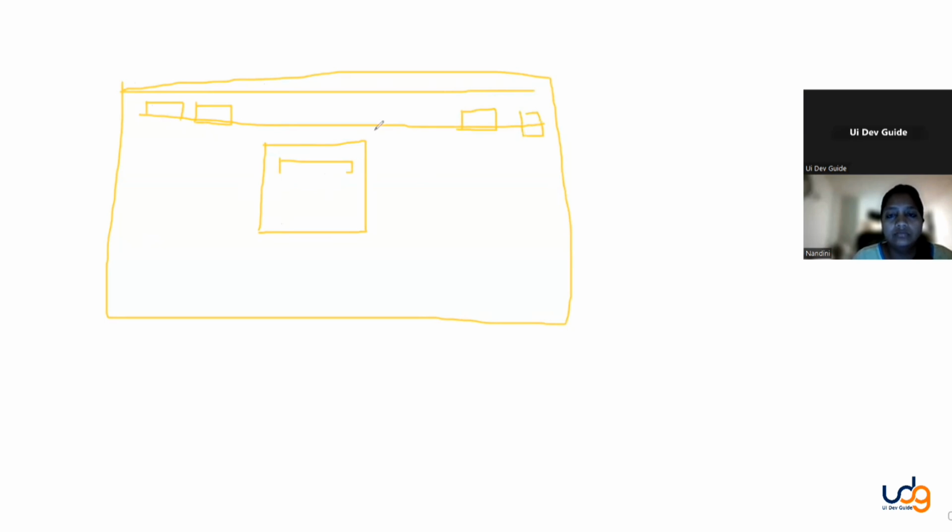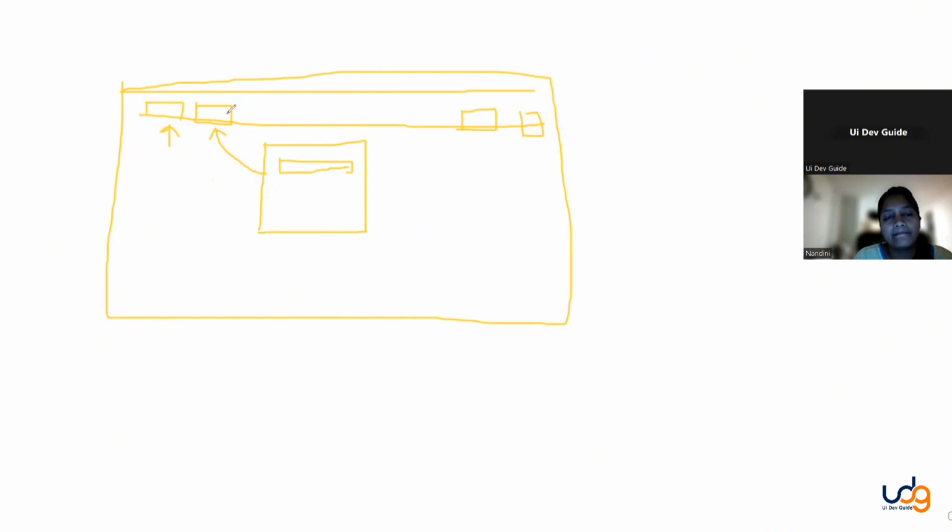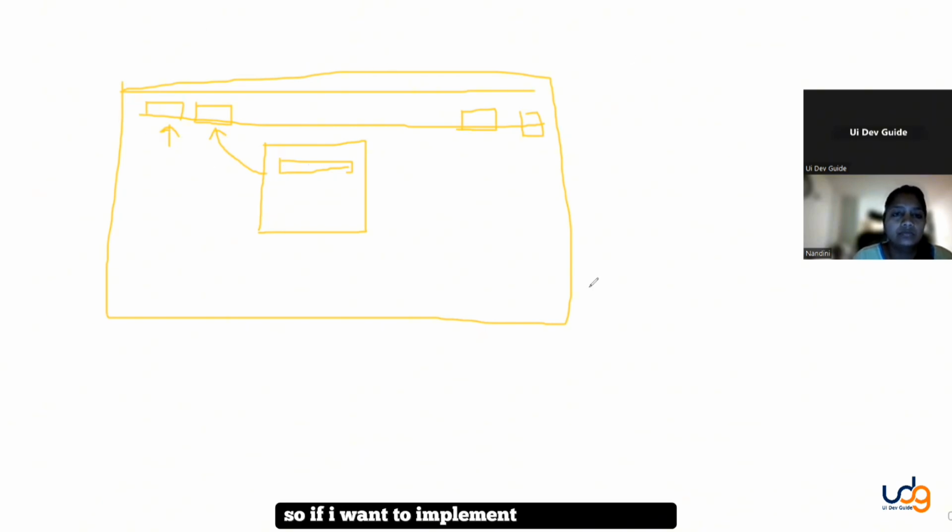Suppose if I go to the home screen from the login screen, the user can go over here, but when he clicks on the dashboard, he should be logged in first, and then only he should be able to access this dashboard. The user should be logged in, you got it? So if I want to implement all those things, what are the things I would do in React?